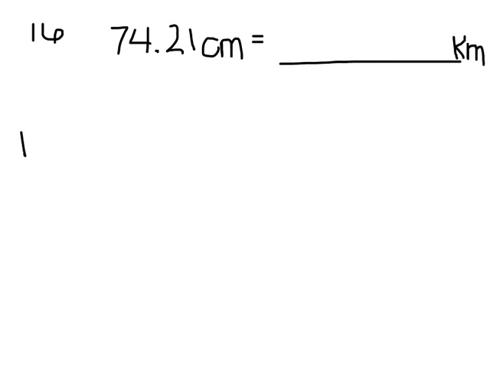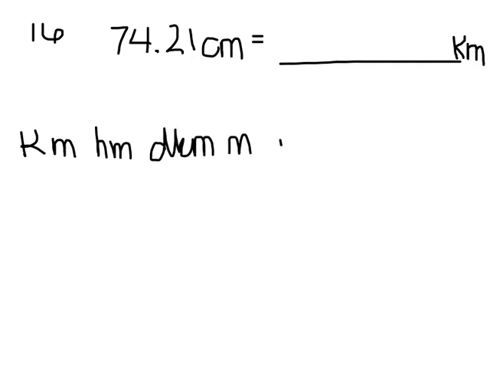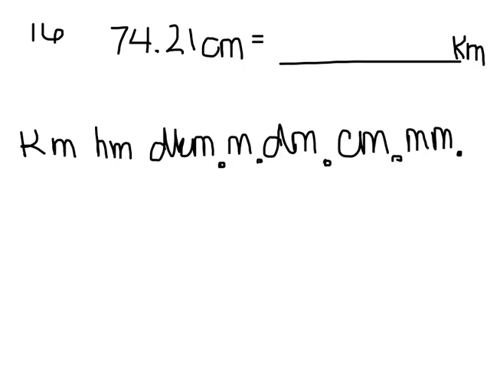So I'm going to write my scale: kilometers, hectometers, decameters, meters, decimeters, centimeters, and millimeters. I put in these dots. It helps me know where my bubbles are. Okay, so I know that I'm going to be starting at centimeters, and I'm going to be moving to kilometers, and it's to the left.